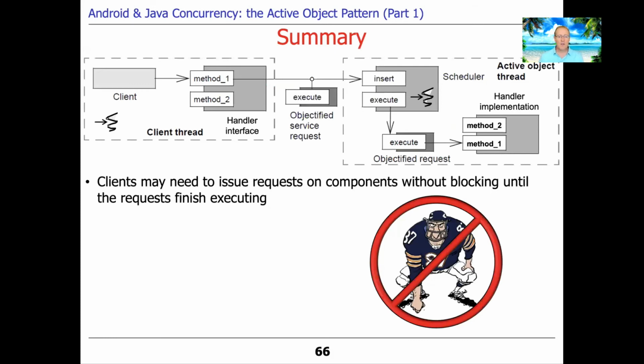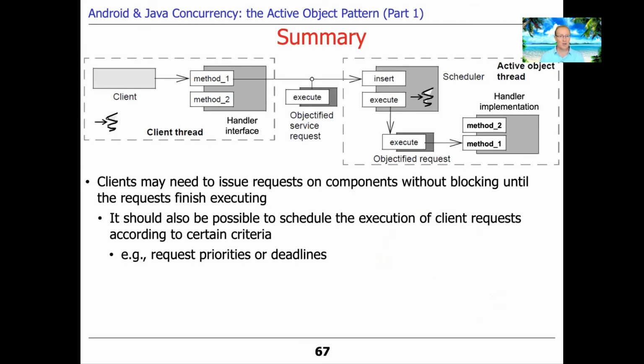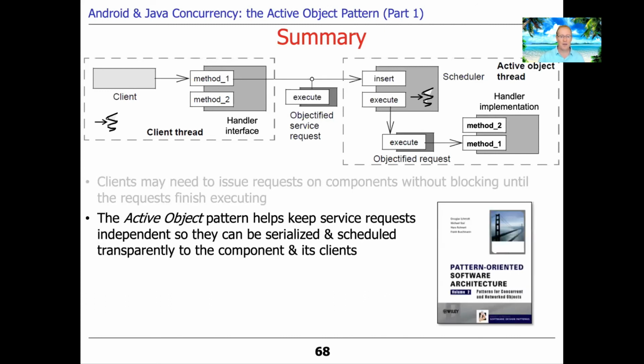So to wrap up the overview, it's often the case that clients want to be able to issue requests on components or make method calls on components without blocking until those requests finish executing. You don't have to wait for them to finish. You can do other things and then get the results back through a proxy. You'd also like to be able to schedule the requests so they run in the right order or at the right priority or so on.